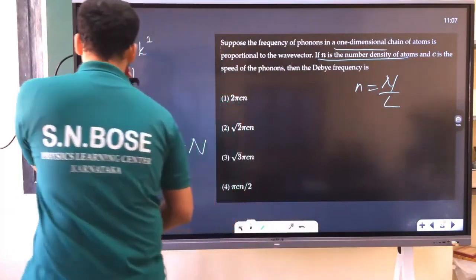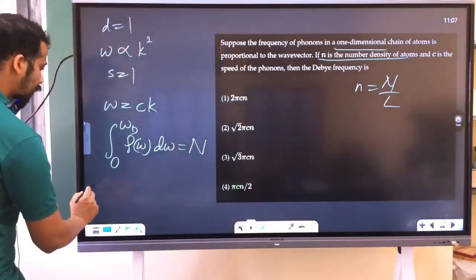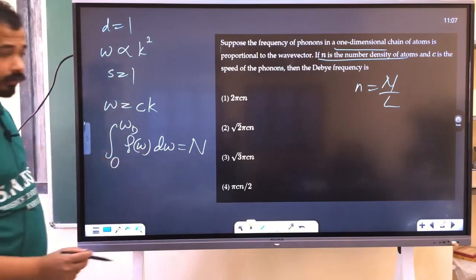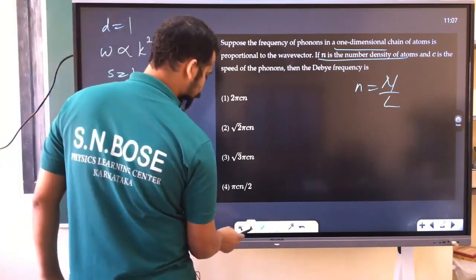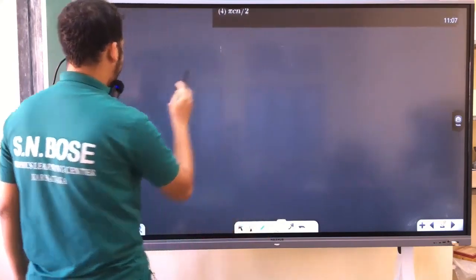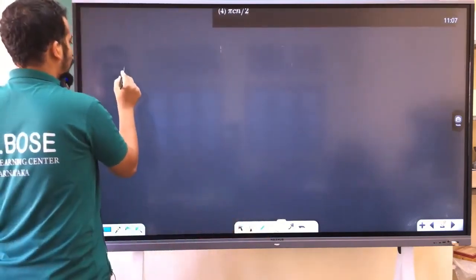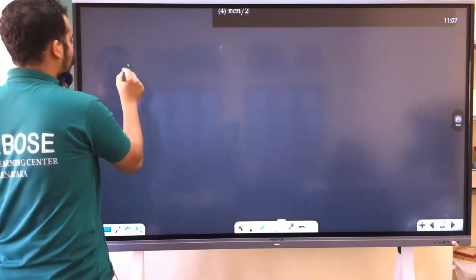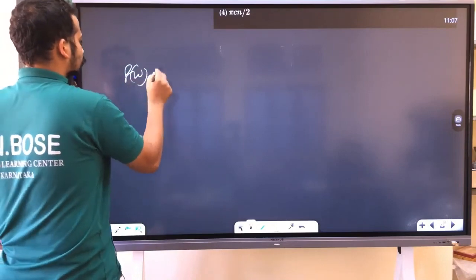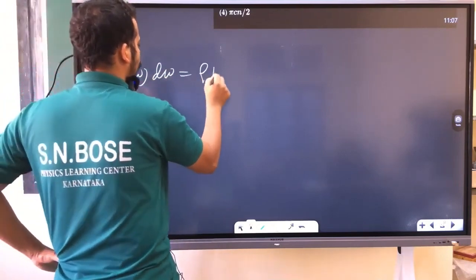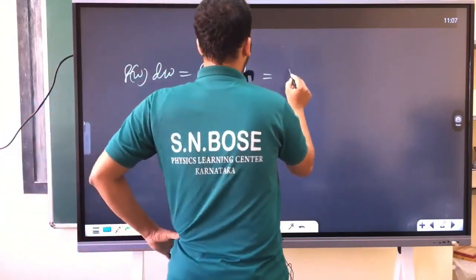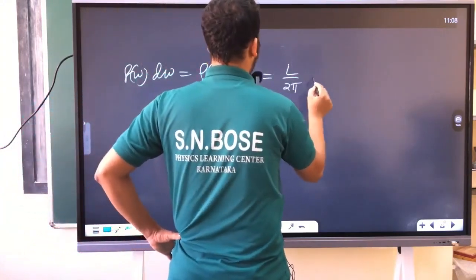Okay, let us do this one. Now look here. You need to do this one completely. This is the density of states, rho of omega. How do you start? Rho of omega d omega is equal to rho of k dk. In the case of one dimension, this is equal to L by 2 pi into dk.